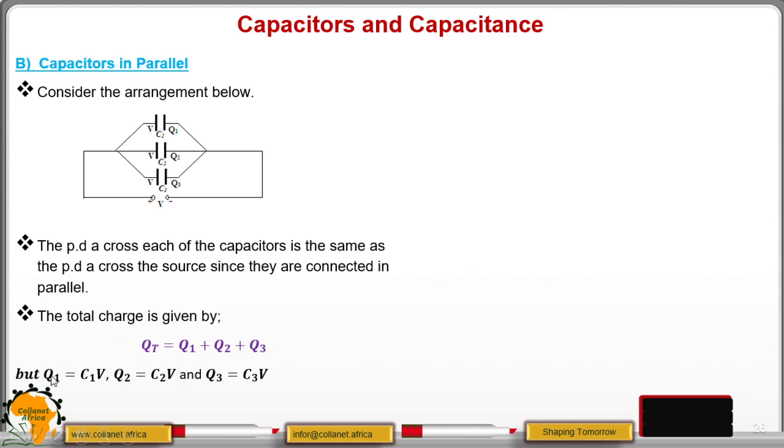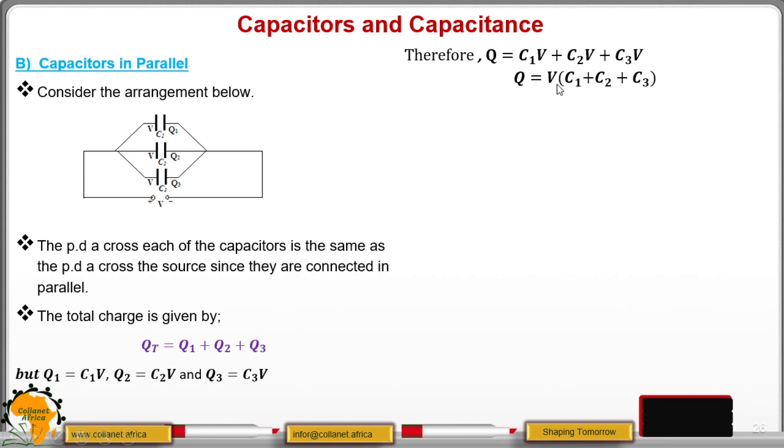But we have seen that Q1 is C1V because the voltage is the same. Q2 equals C2V and Q3 equals C3V. Therefore, when we get the sum, it will be C1V plus C2V plus C3V. But you can see that V is common, so we can factor it out.